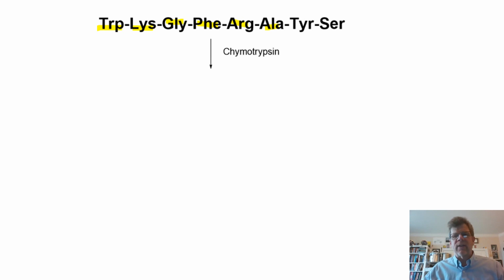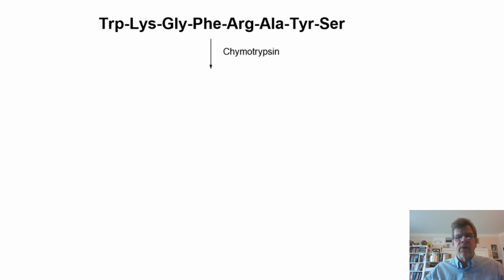Notice that the amide bonds that connect these in abbreviated fashion are given as these dashes, so it's easier to write on a drawing program or something like that. These dashes are the amide bonds that connect these amino acids into our polymer, into our peptide.